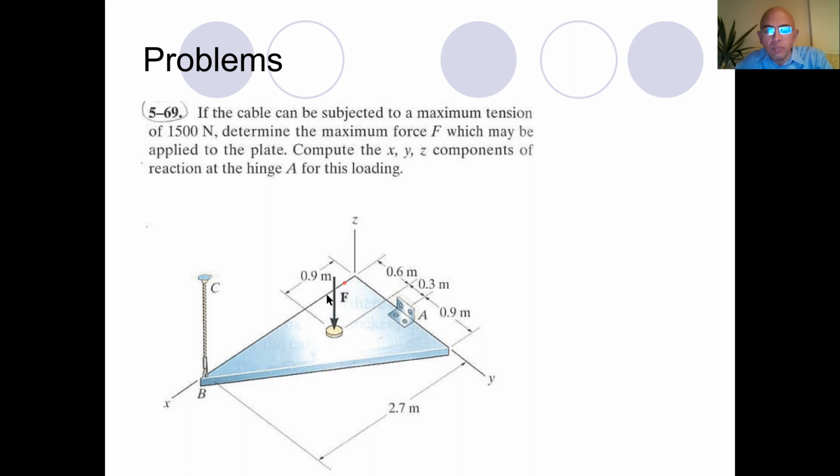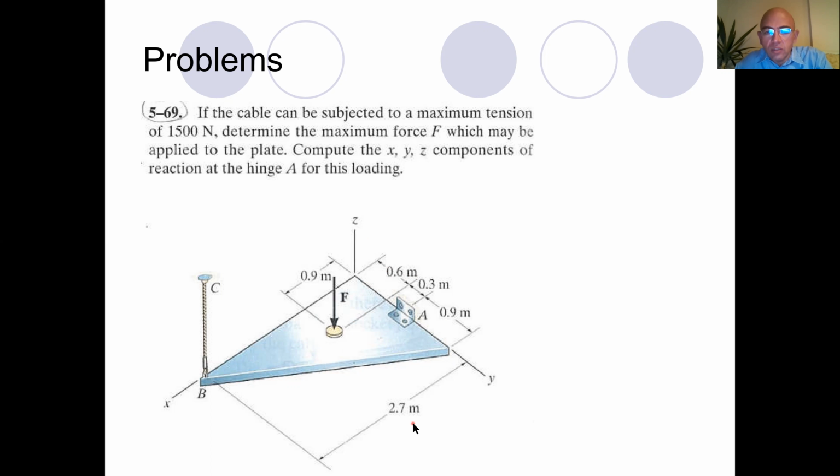It is 0.9 meters away from the y-axis and 0.6 meters away from the x-axis. Certainly, the plate lies in the plane of xy, and z-axis is the perpendicular axis, perpendicular to the plate surface. The dimensions of the plate are also given.